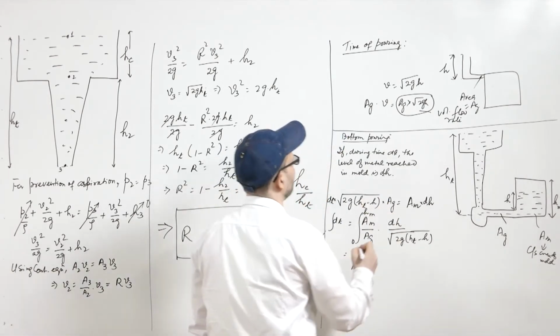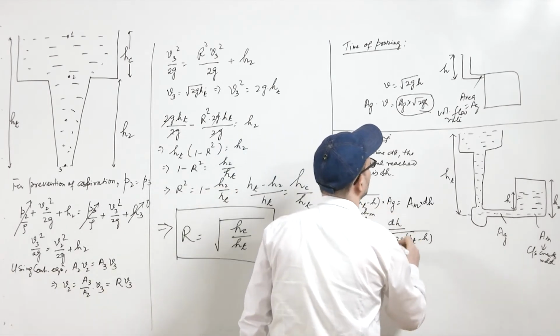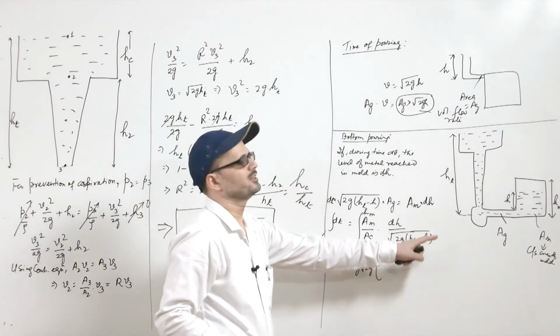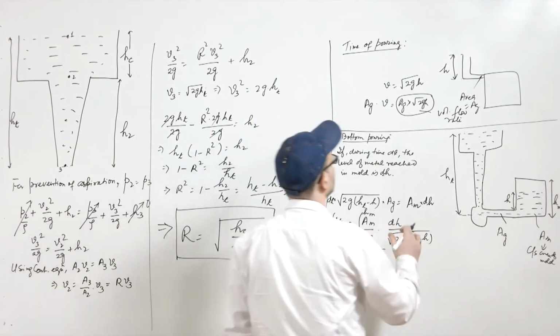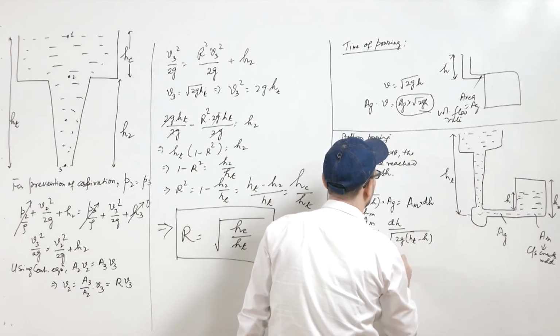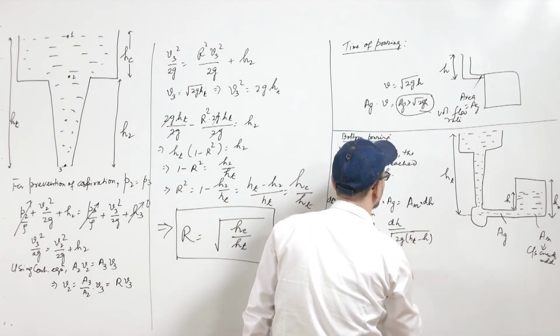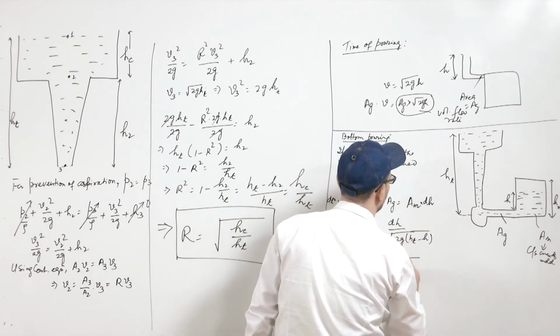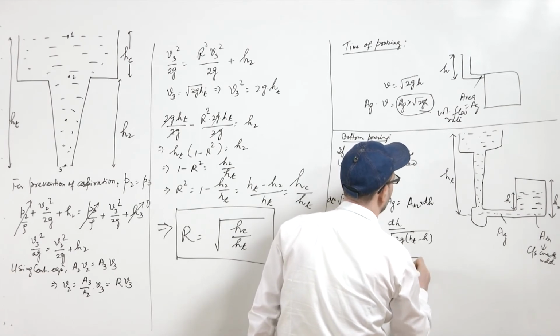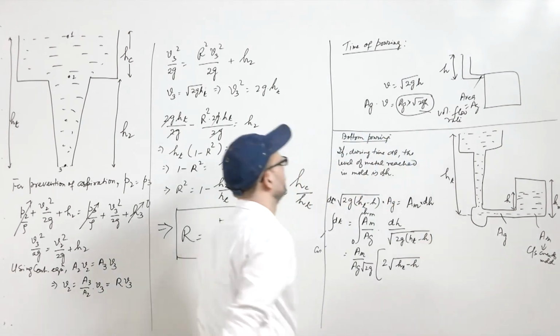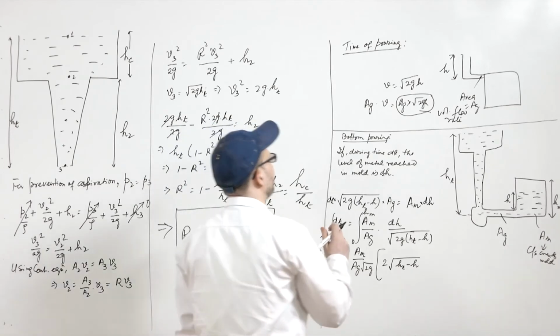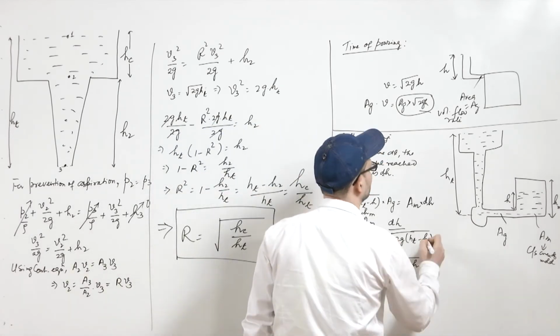Then the integral goes from 0 to hm of 1 by under root (HT minus h). So, it is basically 2 into under root (HT minus h), and then there will be a minus sign, because this is minus h.